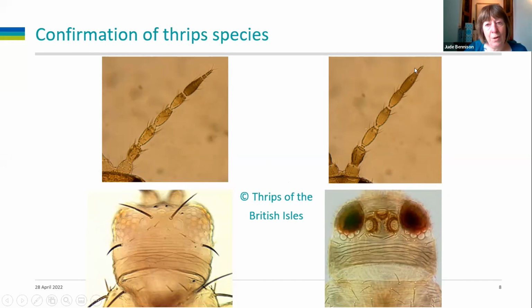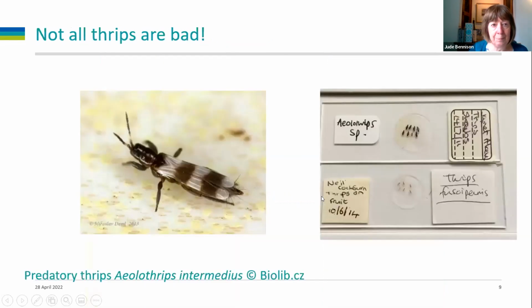The end one is not split into 2. With Western flower thrips, these are the 2 compound eyes here, and they have this whacking great hair behind the eye that sticks out. Whereas with thrips species such as Thrips tabaci, the onion thrips, the hairs are all quite short behind the eye. So we use quite a lot of other features to identify them to species.